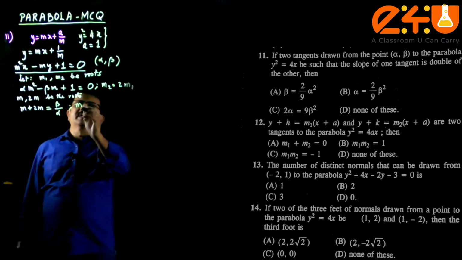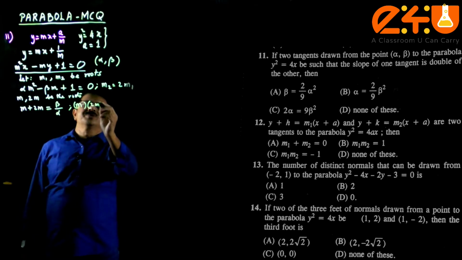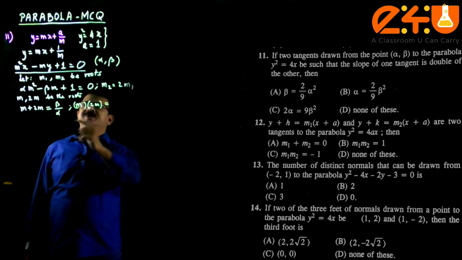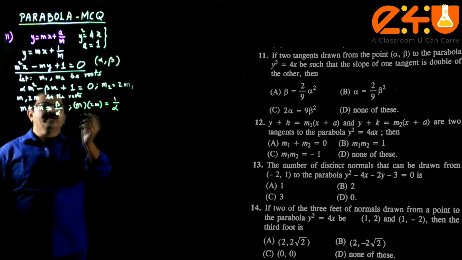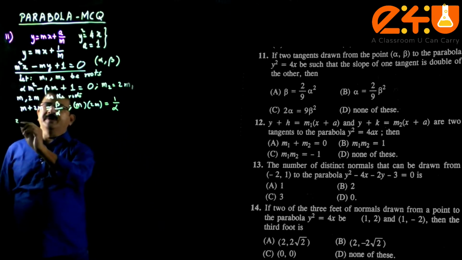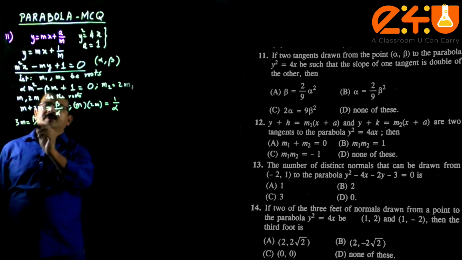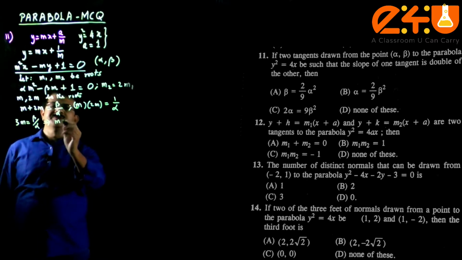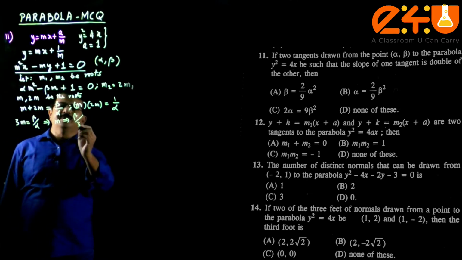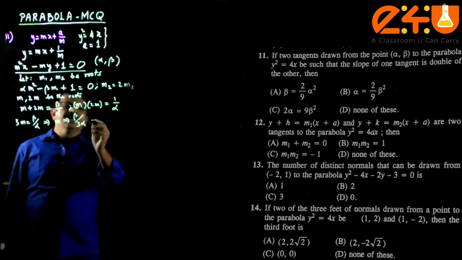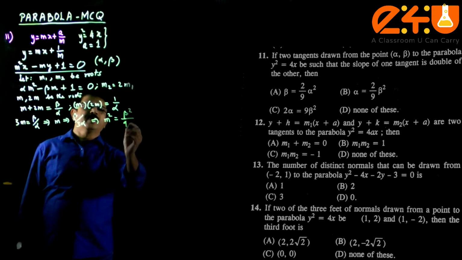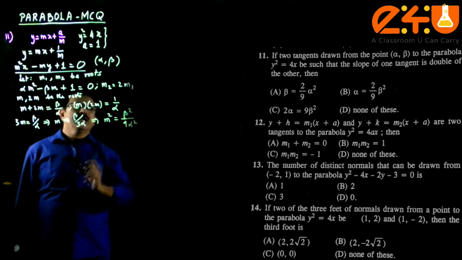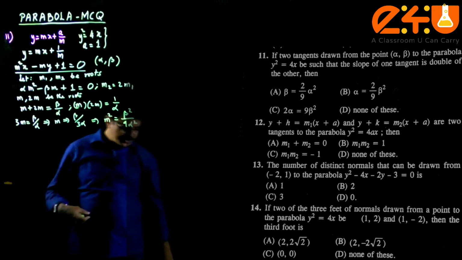Also you have the other condition, the product of the two roots, m times 2m, is c by a, which is 1 by alpha. So from here I get 3m is beta by alpha, which gives m is beta by 3 times alpha. Squaring both sides, I get beta square by 9 alpha square, which is the answer for m square.